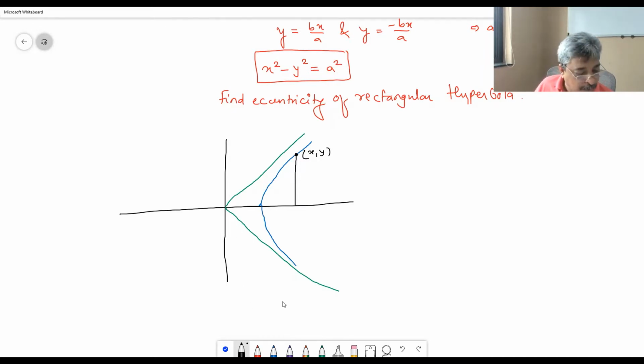Now suppose the foot of the perpendicular is denoted by M. This is the center C. This is our point A, which might not be required.